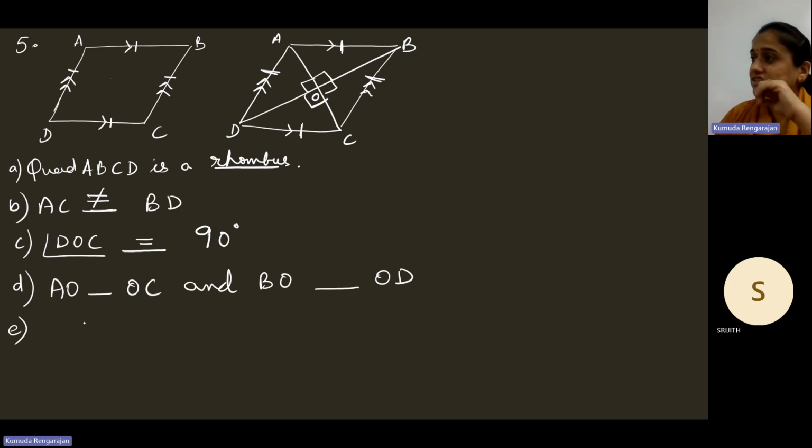So the diagonals bisect each other? Yeah. AO is equal to OC and BO is equal to OD.